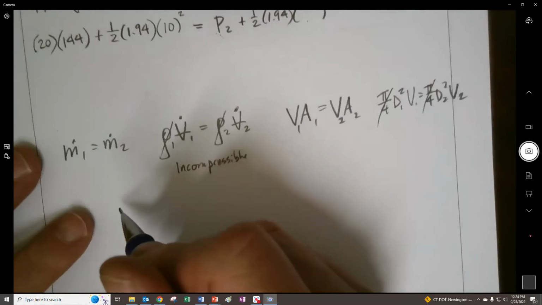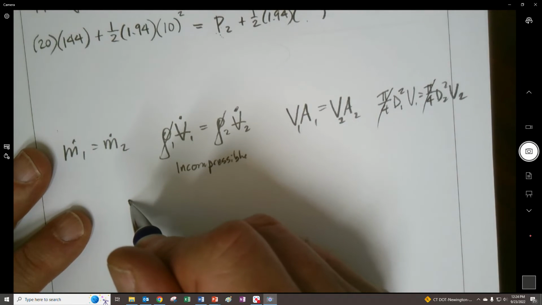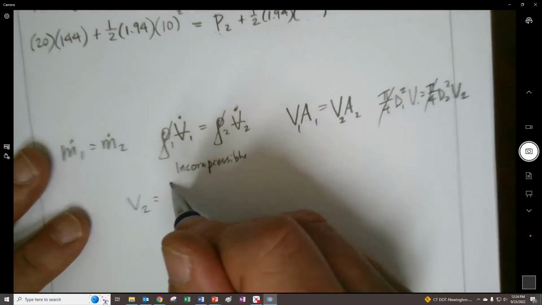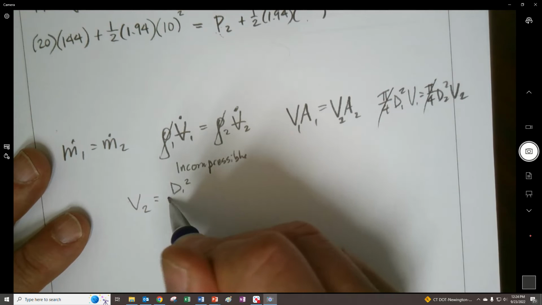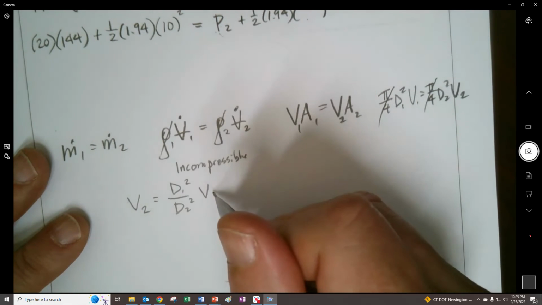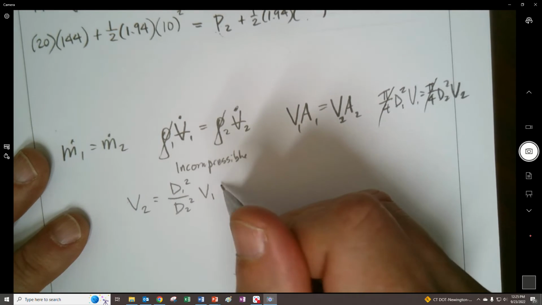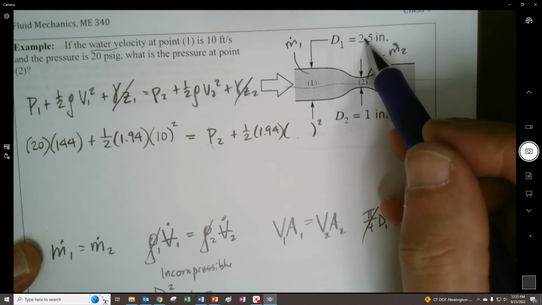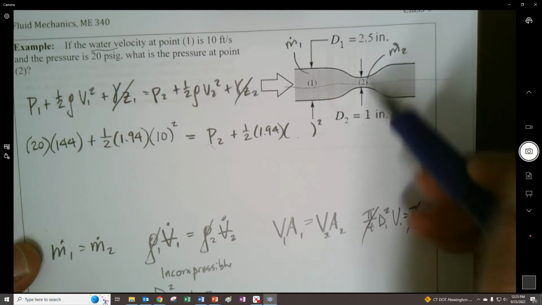So for our velocities, we could flip this around and say velocity 2 is going to be equal to diameter 1 squared divided by diameter 2 squared times velocity 1. Did I do that right? I think so. So this went from 2.5 inches to 1 inch.